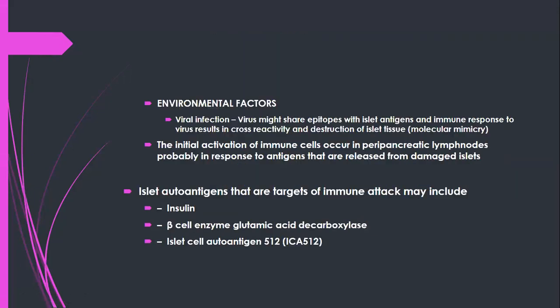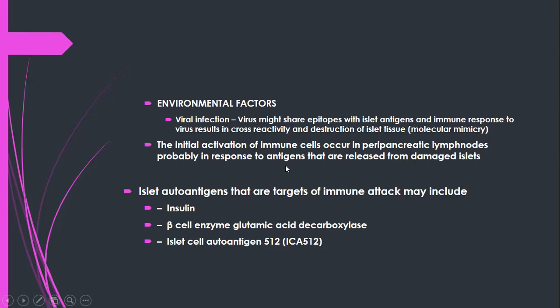Also, environmental factors play a role, for example, viral infection, since a virus might share epitopes with islet antigens and the immune response to the virus results in cross-reactivity and destruction of islet tissue. Okay? Hence the term molecular mimicry.